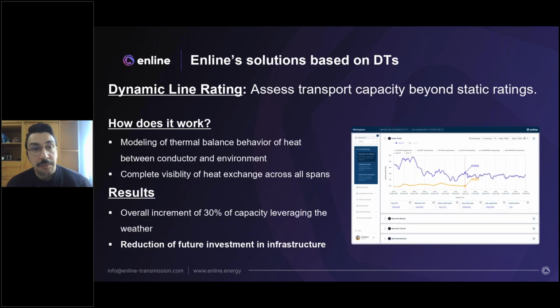And one of them that we believe is going to be very important is the technology of dynamic line rating. And this is very straightforward. It's been around for decades, but only now we've been having enough tech power to really apply it in the real world. And the goal here is to sense the weather via a thermal model, a sophisticated tailored model to assess transport capacity beyond the static ratings that we have in lines.